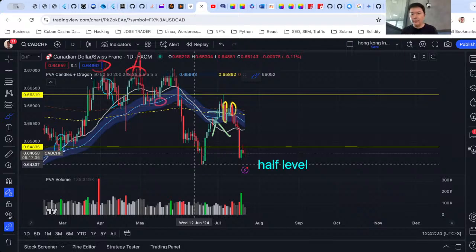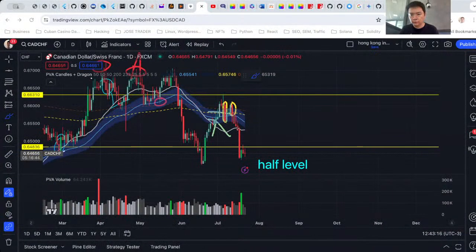Okay, but having said that, a lot of times what happens is that you have a clear bearish trend for a long period of time, and then you think price becomes a bullish trend, but it's just for a short period, and then it becomes a bearish trend again, which happened in this case in the CADCHF. For more than a month, price was in a clear bearish trend.